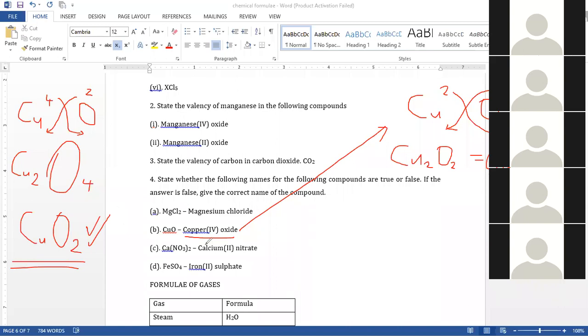So we consider that this copper 4 oxide should not be present because 4 is not a valency of copper. Copper can have a valency of 2 or a valency of 1. So this is false, and the correct name is copper 2 oxide.